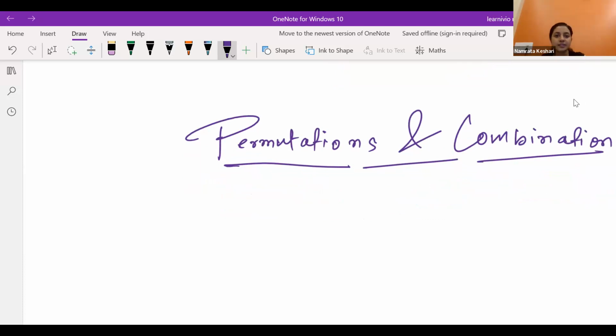So here we'll be discussing basically why we need to learn this chapter and what we will be learning over here. There are real life scenarios. Suppose we are having a trolley, which we use for traveling.